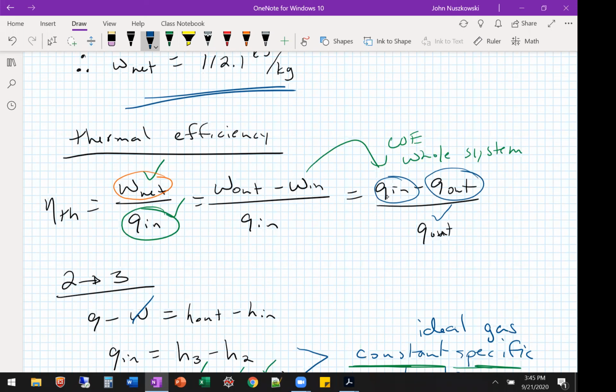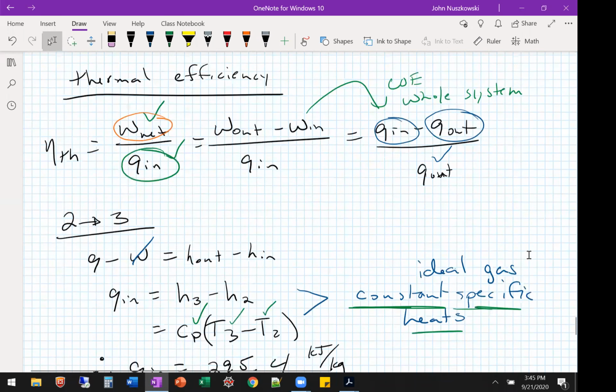Both directions are correct, right? You'll get the same number if you solve for work out minus work in or Q in minus Q out. And you'd still have to get all the states, state 2 information and state 4 information. Okay, but it does typically save you one step of COE.